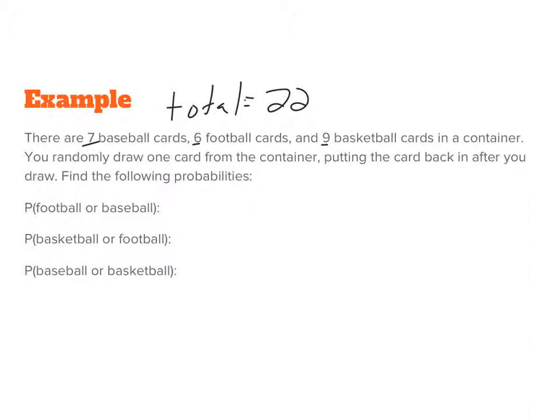So for football or baseball, I take the probability of football and I'm going to add it to the probability of baseball. For football, there are 6 cards out of 22, so probability of football is 6 over 22. Again, for or, I don't want to simplify it down. And I'm going to add that to the probability of baseball, which is 7 over 22.